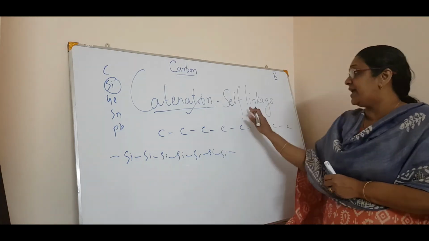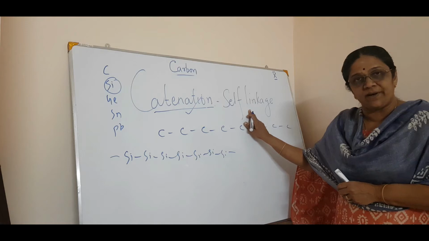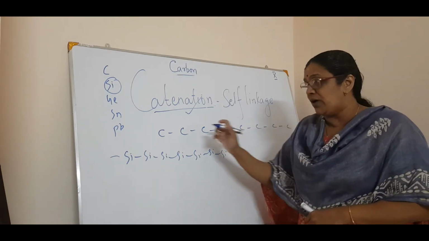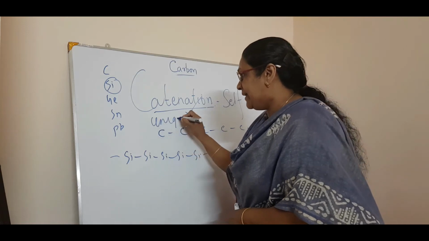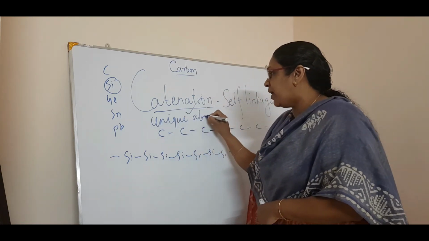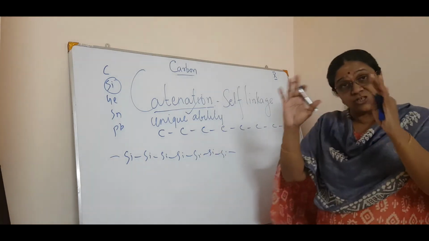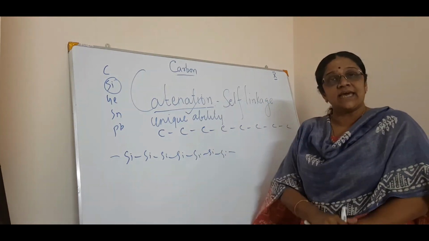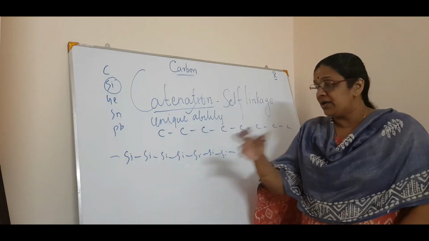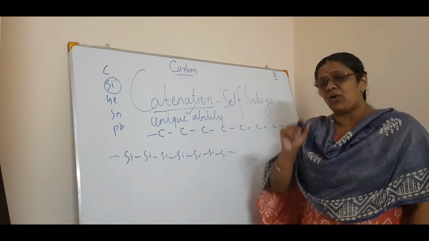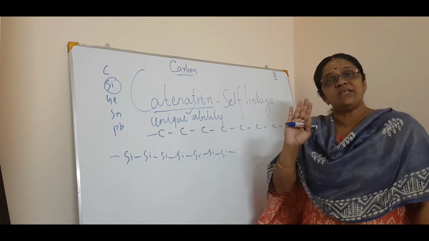In one word, self-linkage of carbon. What is catenation? Self-linkage, which means the unique ability. You have to write that: unique ability of carbon to form carbon-carbon bonds to form a large molecule is called catenation. Now you got it, how the carbon is forming the bond. Always remember, the valency of carbon is 4.